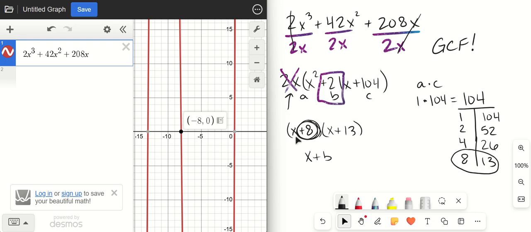So that gives us a factor of x plus 8. And then over here, what expression do we set equal to 0 to give us this answer? Well, we set x plus 13 equal to 0. So this was just another way of solving this problem and figuring out the solution. This was the graphing method. This was the factoring method.